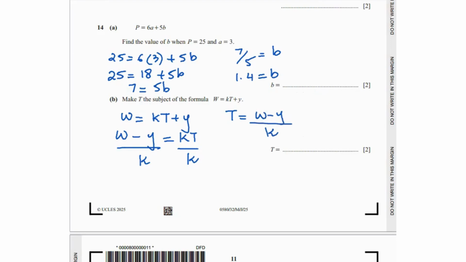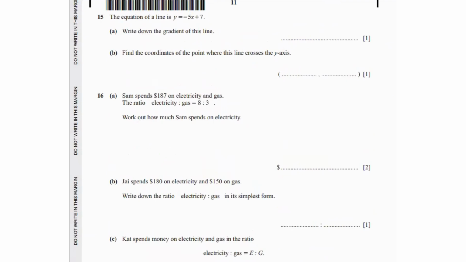That is your answer. Then says the equation of a line y equals to negative 5x plus 7. Write down the gradient of this line. Gradient is always the number that's being multiplied to x. So that's going to be negative 5 over here. Find the coordinates of the point where this line crosses the y-axis.